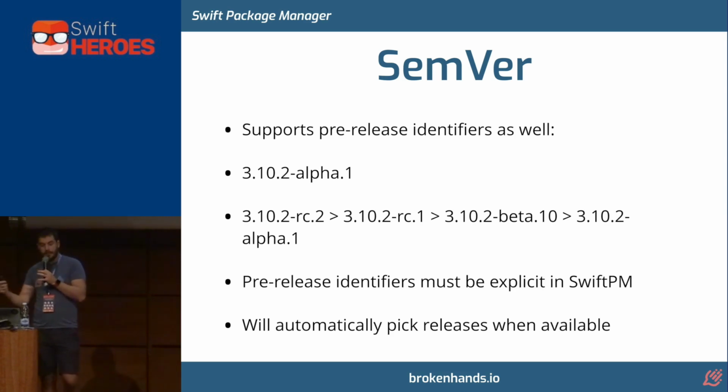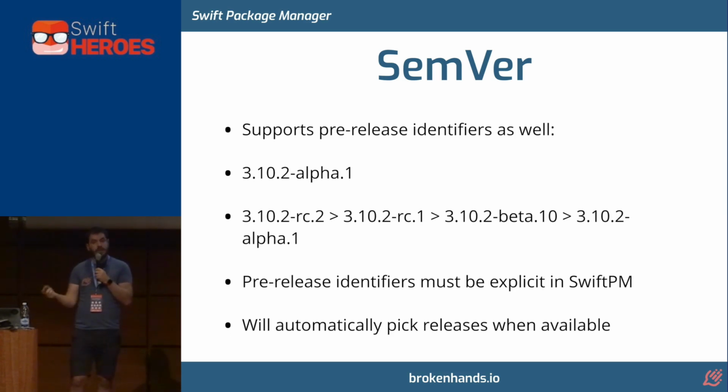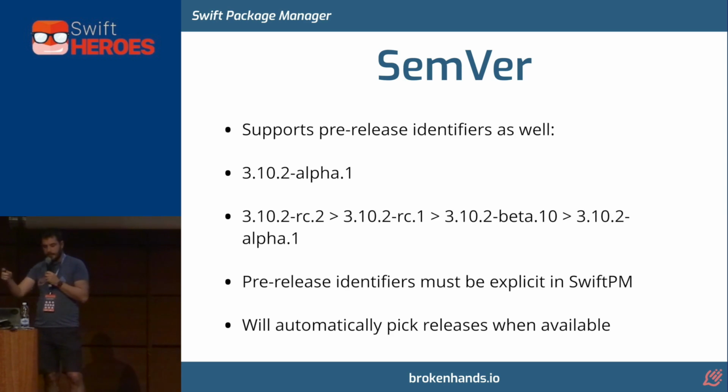It's going to become 3.10.2 at some point, but anyone using it can know that they don't have to take it because it's not an official release. And there are rules around this. RC is greater than beta, and beta is greater than alpha. And RC.2 is greater than RC.1. So you can do semantic versioning on pre-release identifiers as well, which is really useful when you're updating your pre-releases.